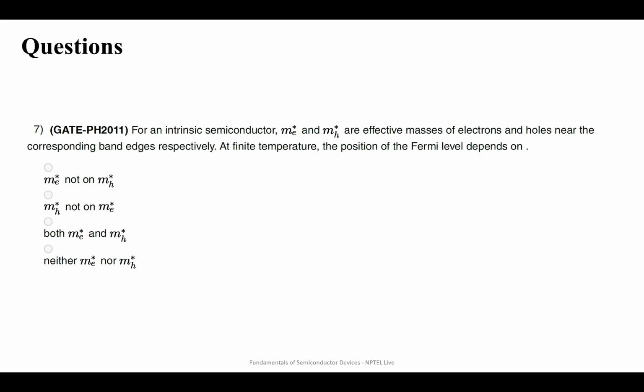For an intrinsic semiconductor, Me star and Mh star are effective masses of electrons and holes near the corresponding band edges respectively. At finite temperature, the position of Fermi level depends on Me star, not on Mh star, not on Me star, both Me star and Mh star, neither Me star nor Mh star.